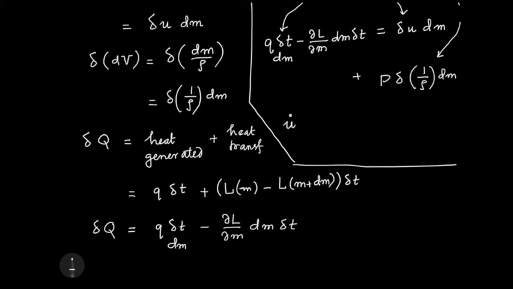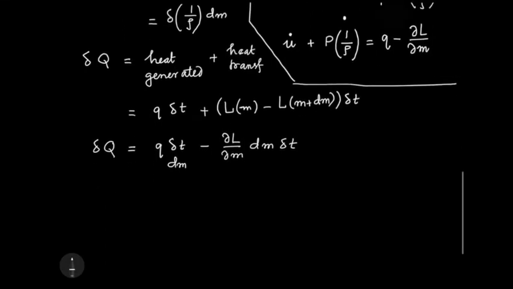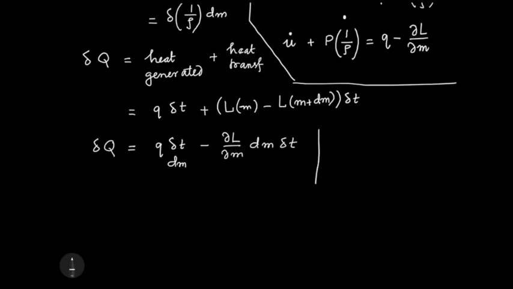So it becomes u dot plus p times the time derivative of 1 by rho, where dot is the time derivative, Newtonian notation, as you know, equals Q minus del L del m. Okay, so that is our first equation for stellar astrophysics. It's coming from the conservation of energy.